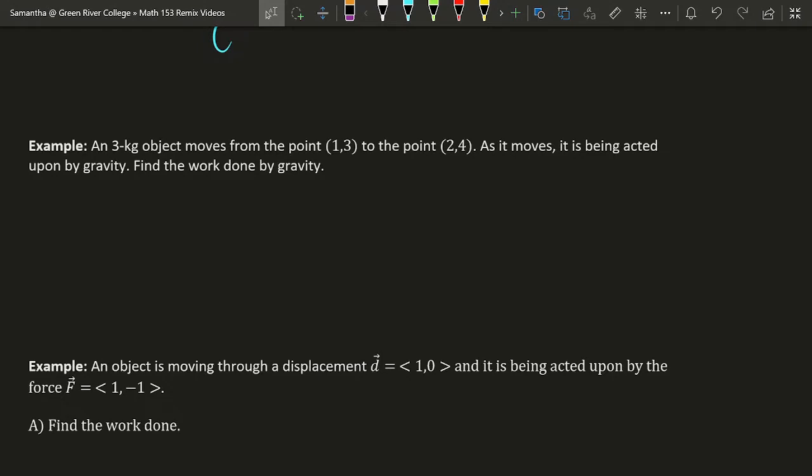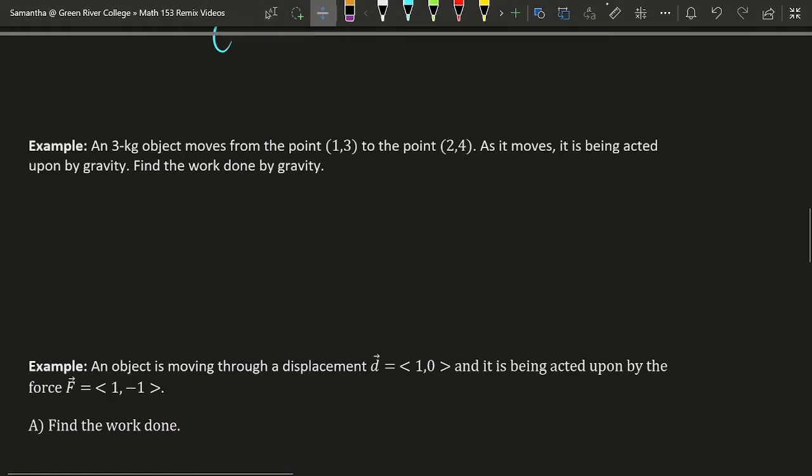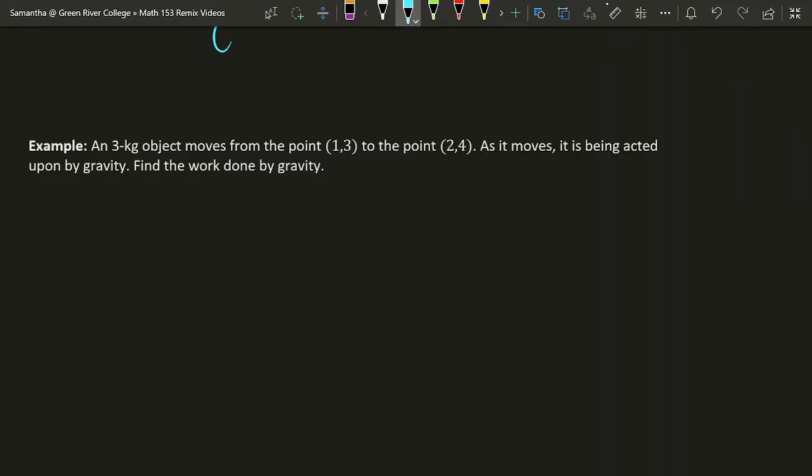Suppose we have an object, 1 kilogram, moving from the point (1,3) to the point (2,4). As it moves, it's being acted upon by the force of gravity. So let's find the work done by that gravitational force. The first thing that I need to do is find vectors representing the force in this problem and representing the displacement in this problem.